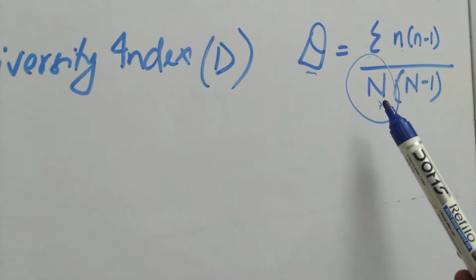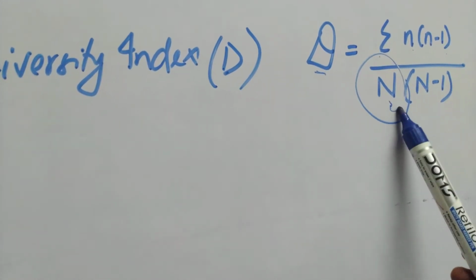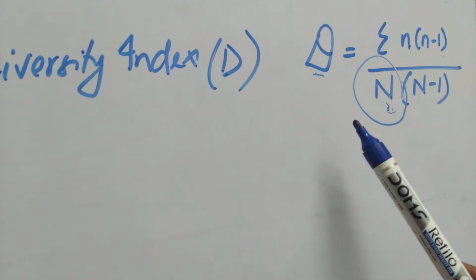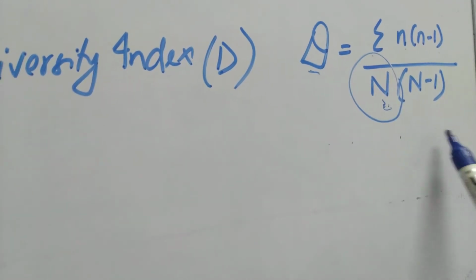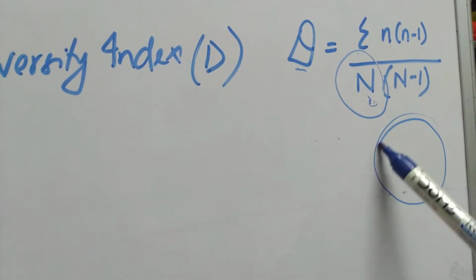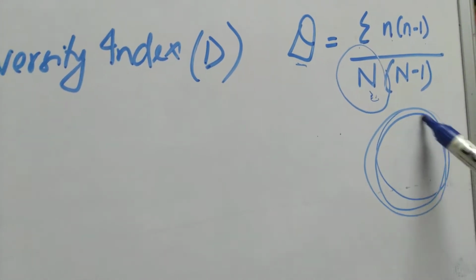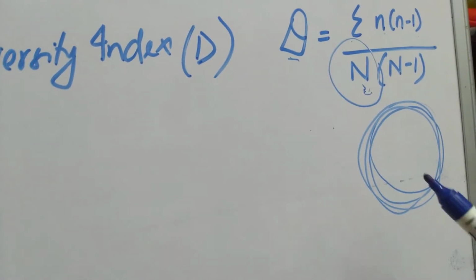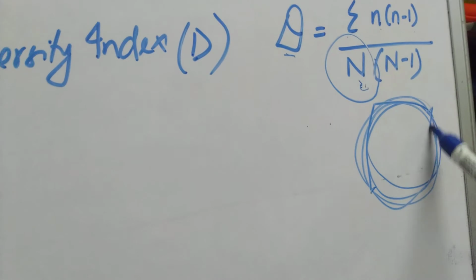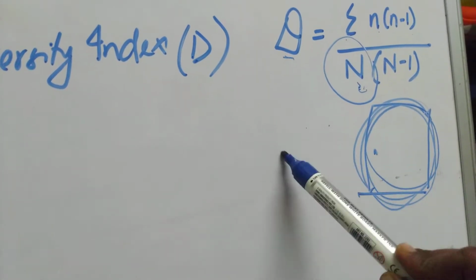Capital N is the total number of individuals in a particular sample, because the questions would be asked from a particular sample, like sample 1, sample 2, sample 3, sample 4.